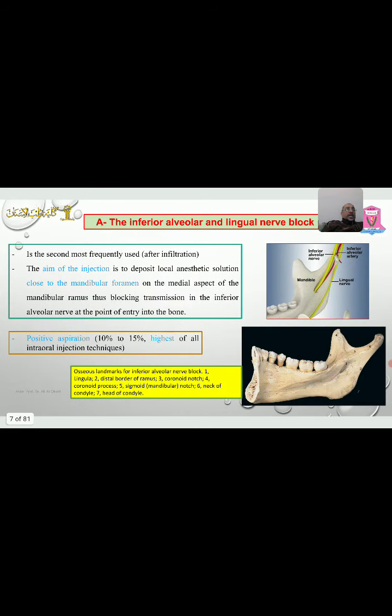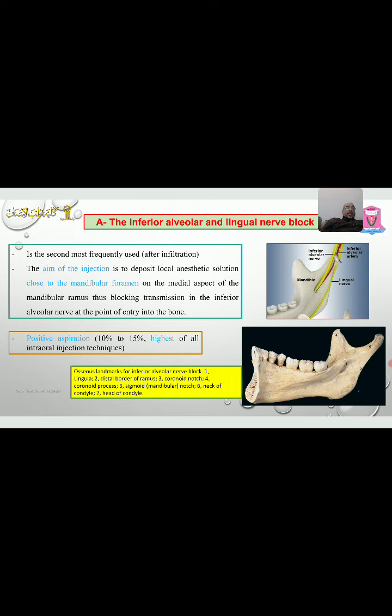We begin with the first and most important one, the inferior alveolar and lingual nerve block. It is the second most frequently used after infiltration.